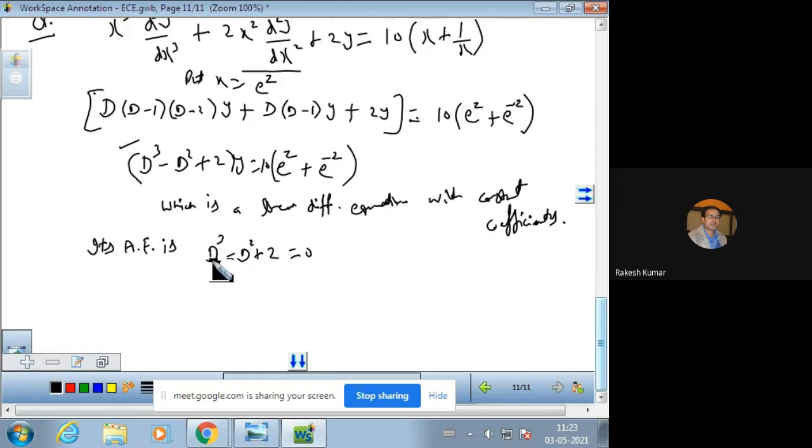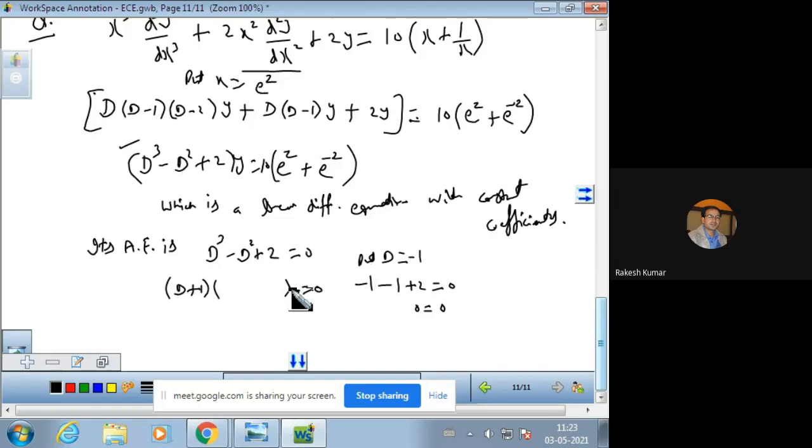When you put 1 here, 1 minus 1 plus 2, you will get 2 equal to 0 again. That is not possible. When you substitute D equal to minus 1, you will have minus 1 minus 1 plus 2 equal to 0. Now this is satisfied.